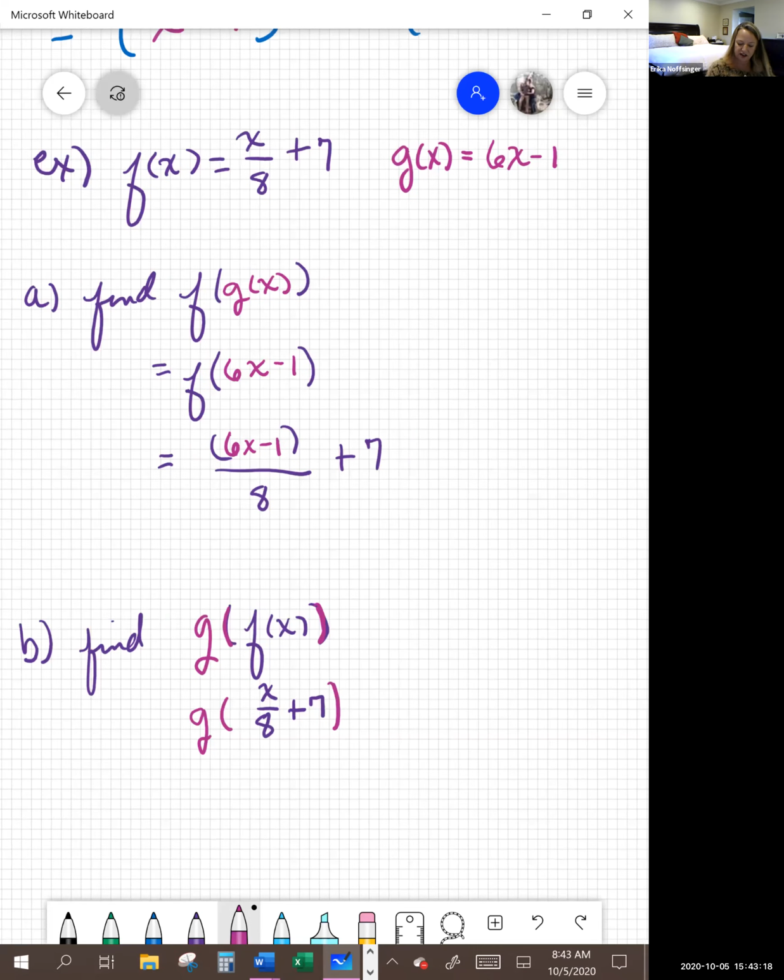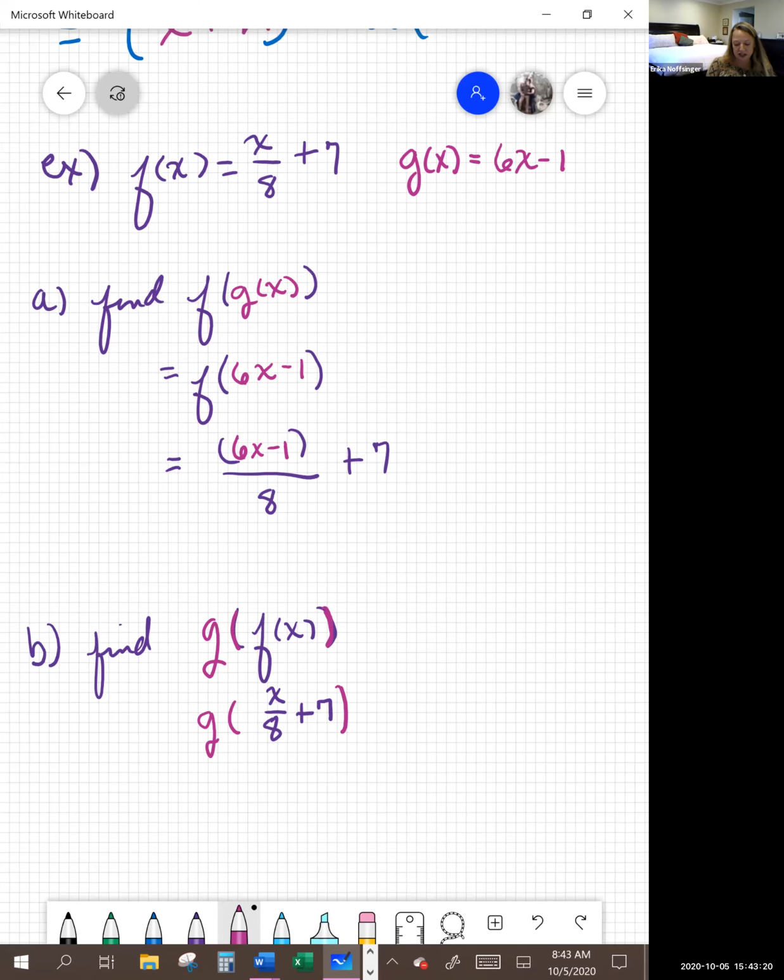So this is saying go and plug in this whole expression, x over 8 plus 7, this f of x function, wherever you see an x in g of x.